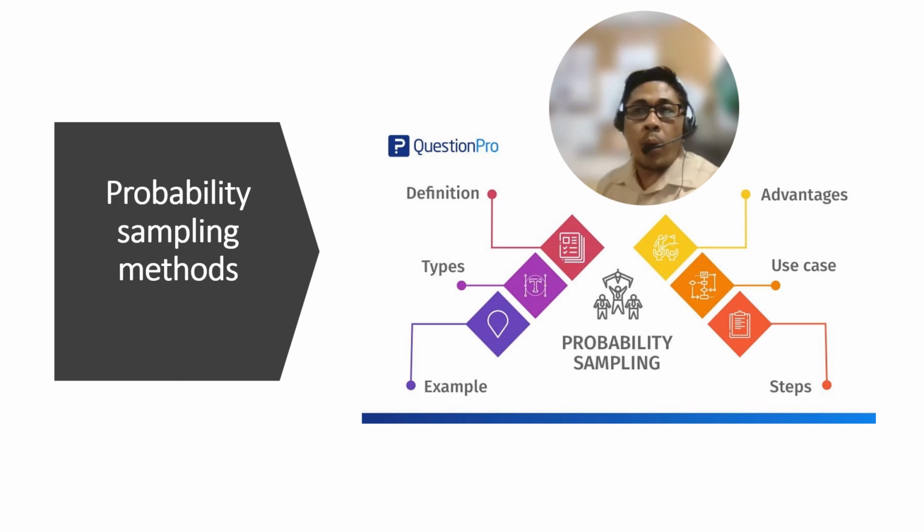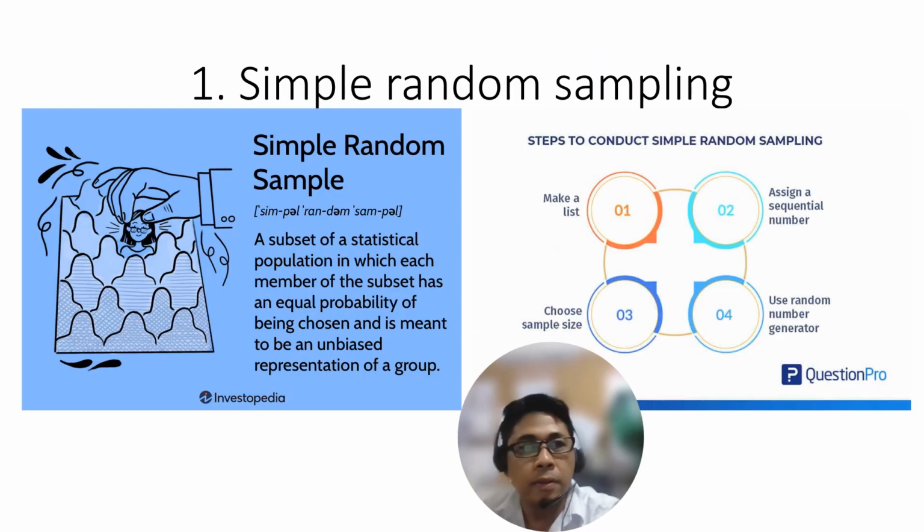The most critical requirement of probability sampling is that everyone in your population has a known and equal chance of getting selected. So probability sampling uses statistical theory to randomly select a small group of people we call a sample from an existing large population and then predict that all the responses will match the overall population.